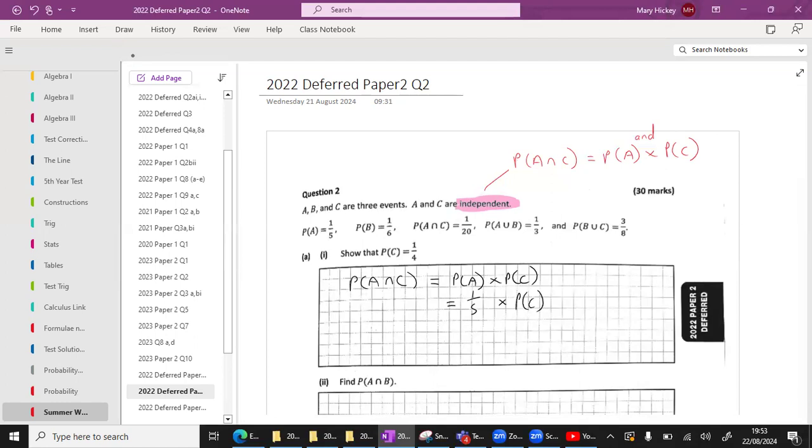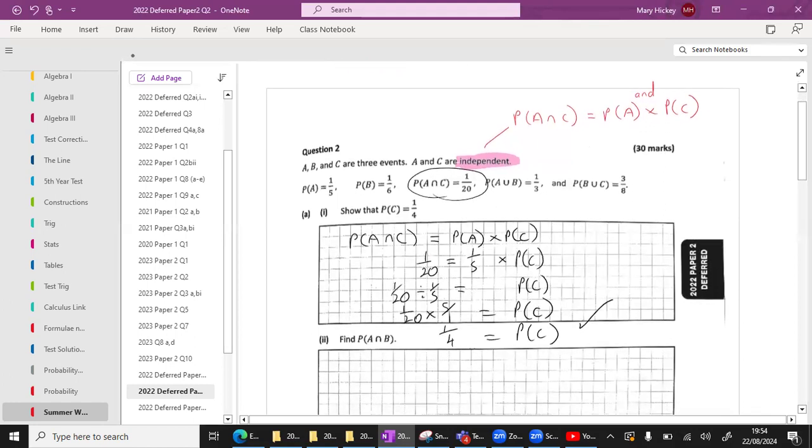The probability of A intersection C is 1 over 20. So to get the probability of C on its own, I'm saying 1/20th divided by a fifth. I can do this on the calculator, but the numbers are easy enough, so we can show it here. 5 into 20 goes 4 times, so we get a quarter, which is exactly what we were asked to show.